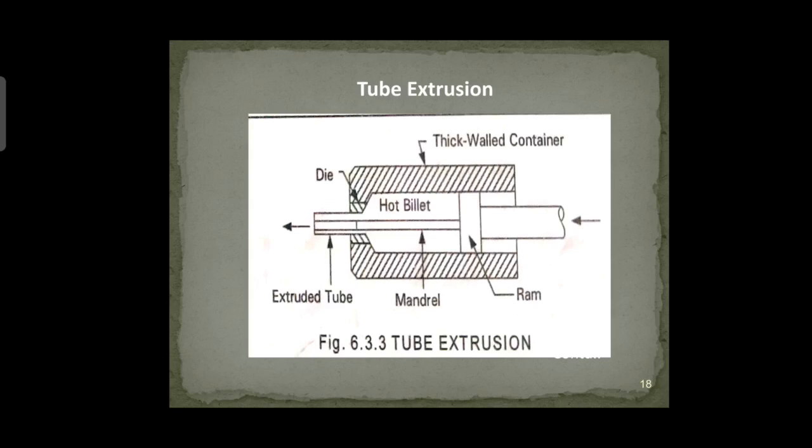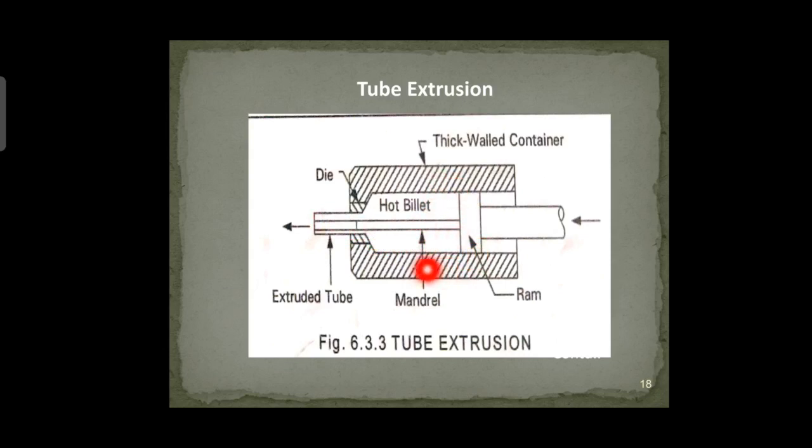If you observe the line diagram of that, you can observe the same components which are seen in the previous case, but there is a change. The diagram will look similar to the direct extrusion process.